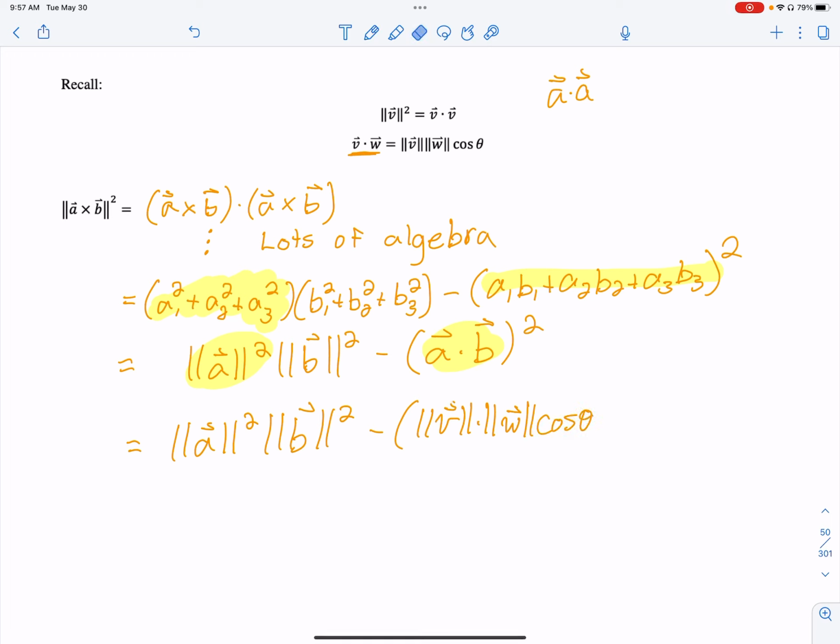Let me fix that arrow over V. It looks like some weird, probably drunk snake or something. Okay, so there we go. I replaced the formula. I used a V and W using the rule up there. It should be an A and a B. So we have the magnitude A squared, magnitude B squared, nothing changes here, minus, and then I'm just going to distribute the square.